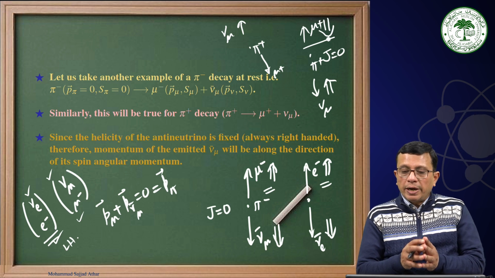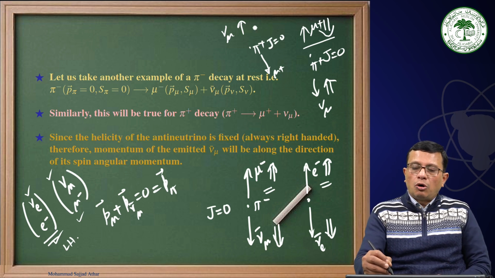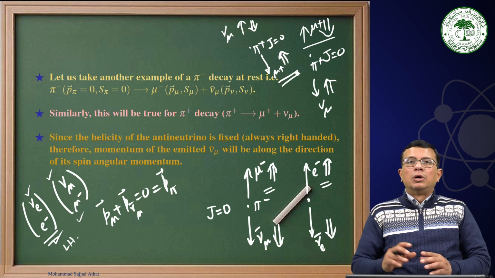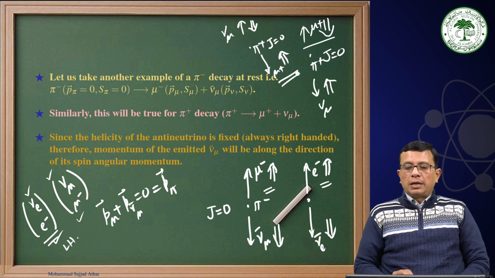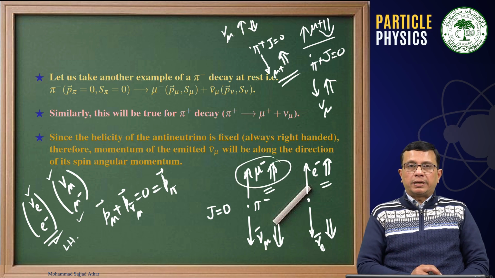So the point is that if I am taking this to be J equal to 0, all neutrinos are left-handed, then this mu plus in this way also is a left-handed particle. Therefore, here mu minus is becoming right-handed, and here mu plus is becoming left-handed.